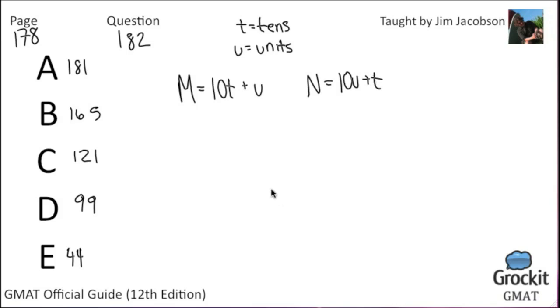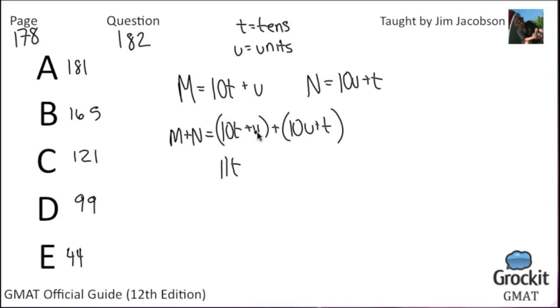Then we need to figure out the sum of m and n, so we can just add them together. m plus n equals 10t plus u plus 10u plus t. 10t plus 1 more t equals 11t. 1u plus 10 more u equals 11u.